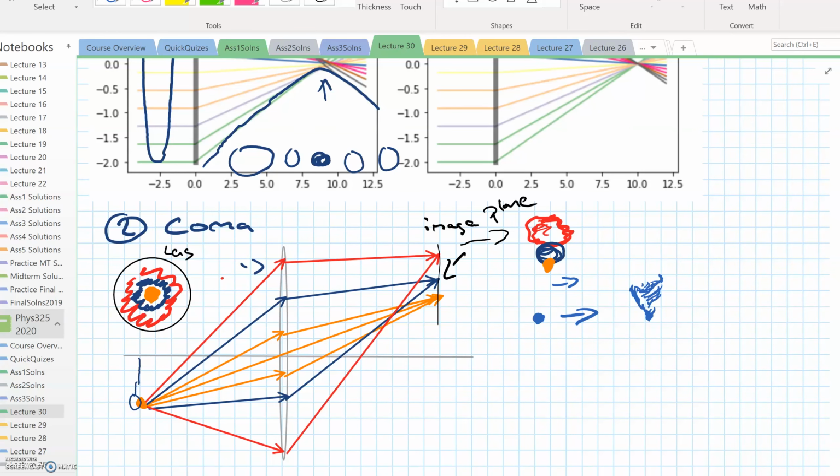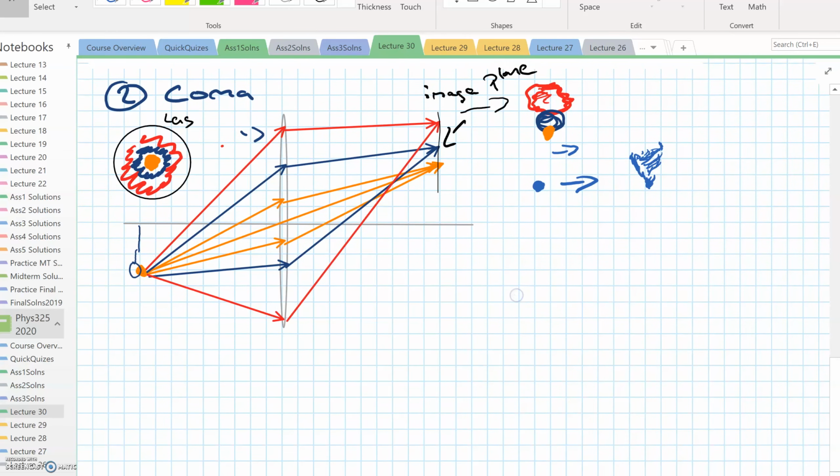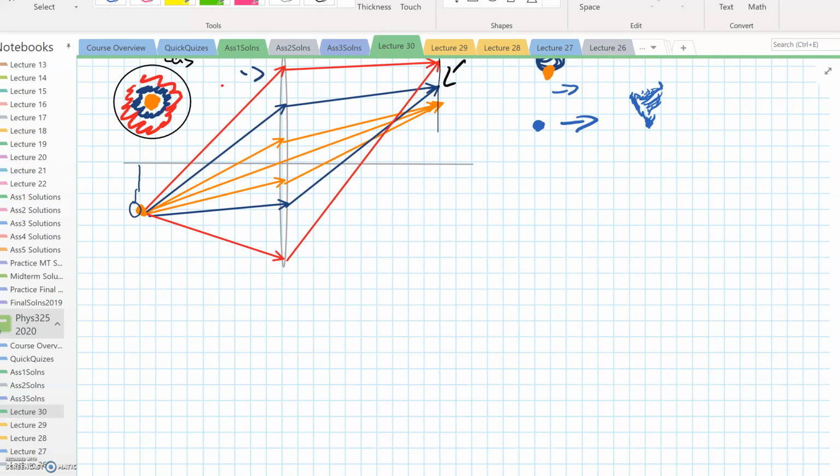Okay, so a similar effect happens when you've tilted your lens. Maybe you're on axis, but you're looking at a tilted lens. You get a different sort of effect, which is also due to this off-kilterness of our optical system.